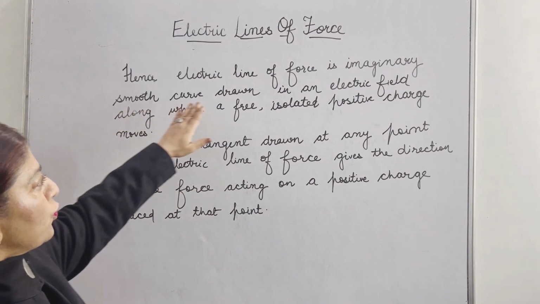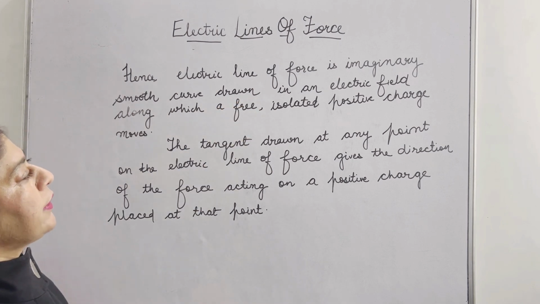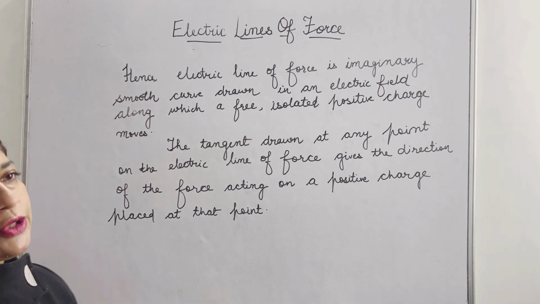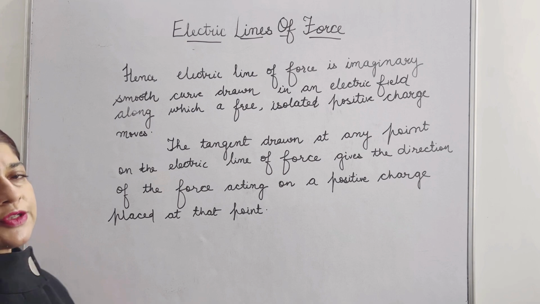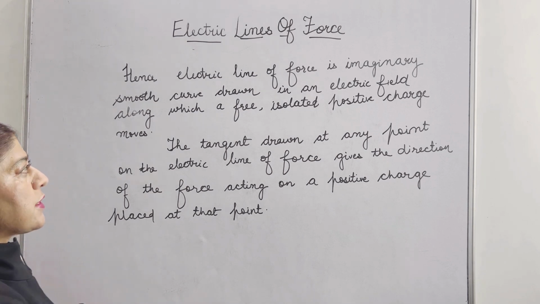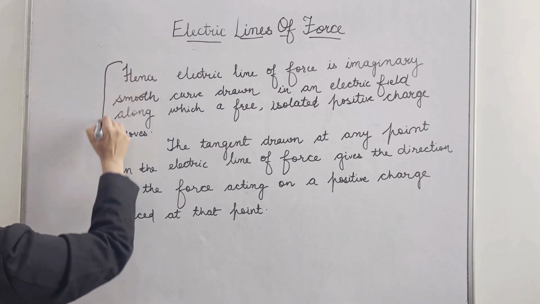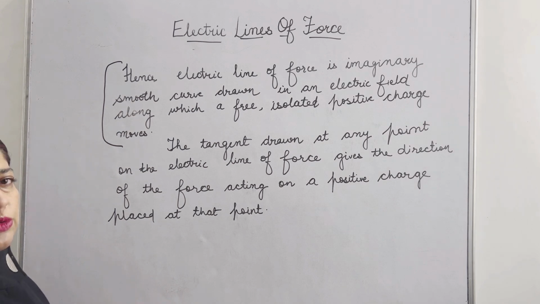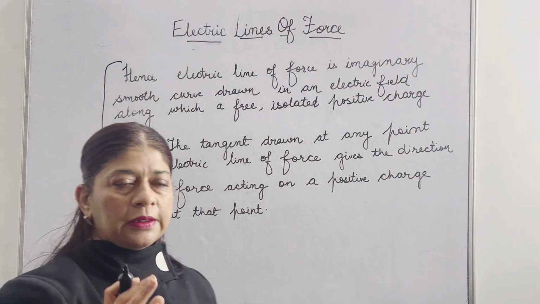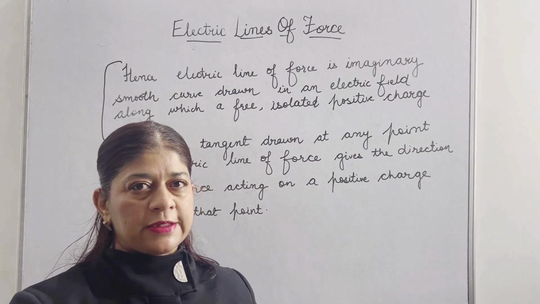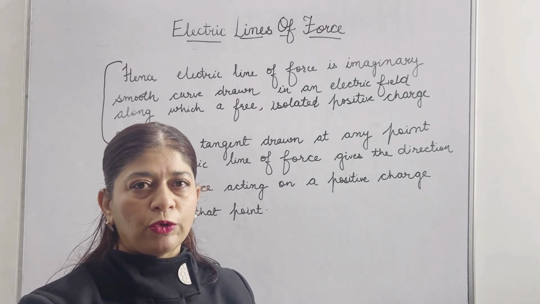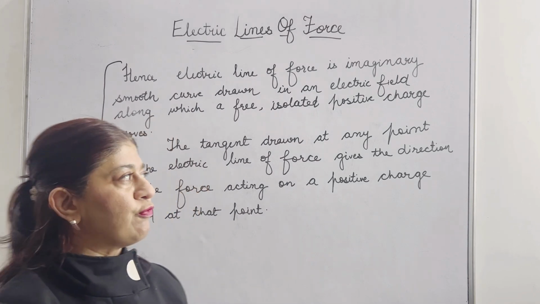So these are smooth curves drawn in an electric field, along which a free isolated positive charge is going to move. This gives us the type of lines of force that a charge is going to follow. It depends on the electrostatic force.